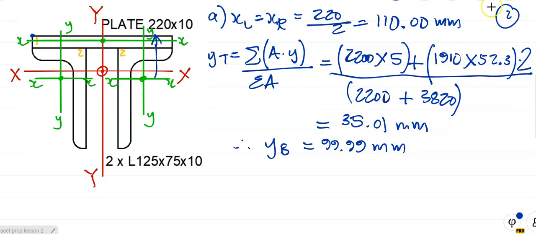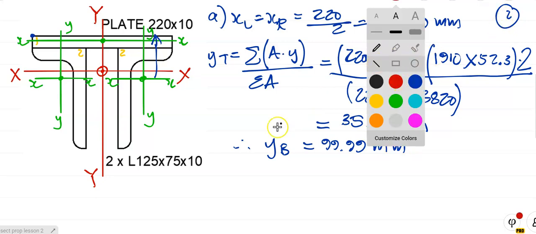Okay, so what does it mean? I'm going to write it in here. It means this.